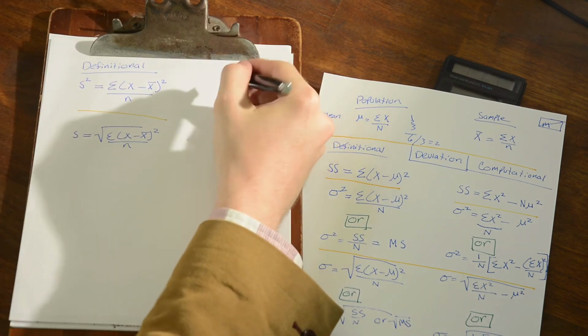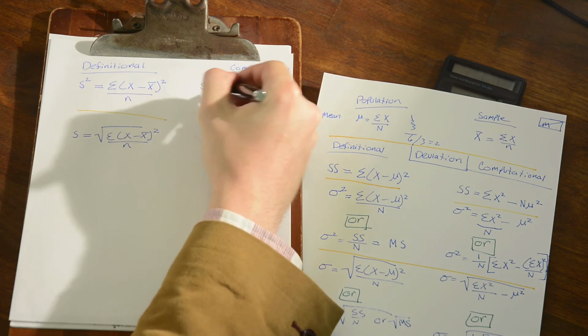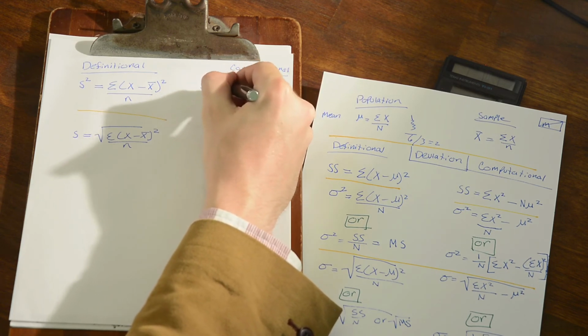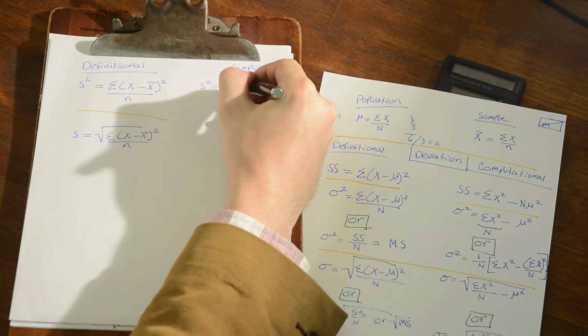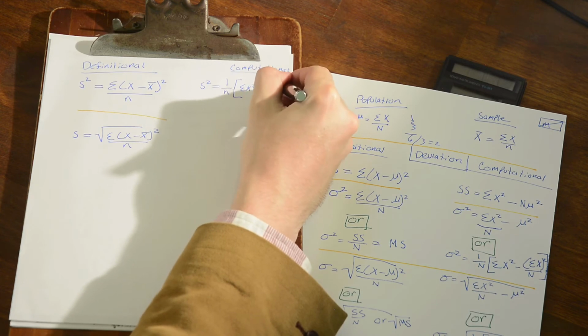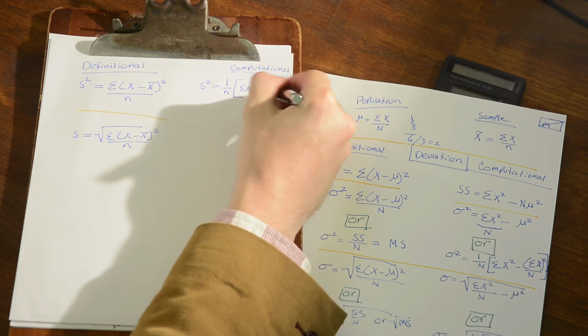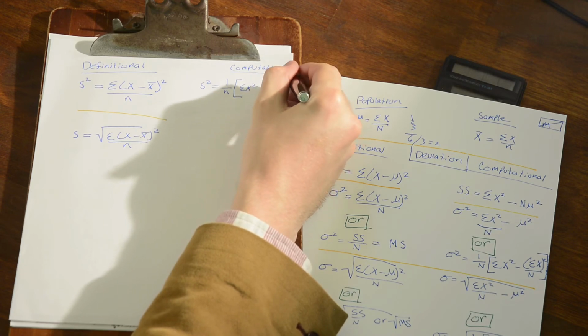On our computational side, we still have s squared representing our variance is equal to 1 over n times the sum of x squared minus the sum of x squared over n, and I'm out of room for my bracket.